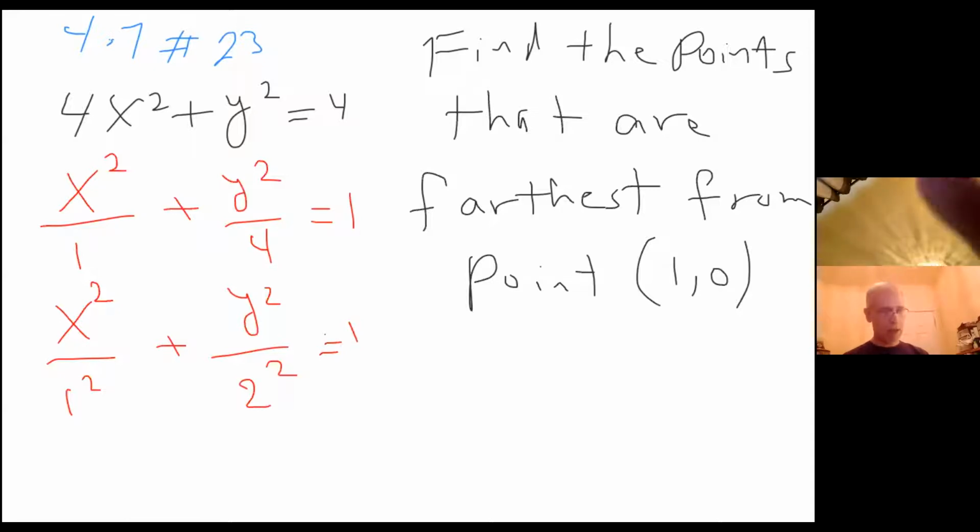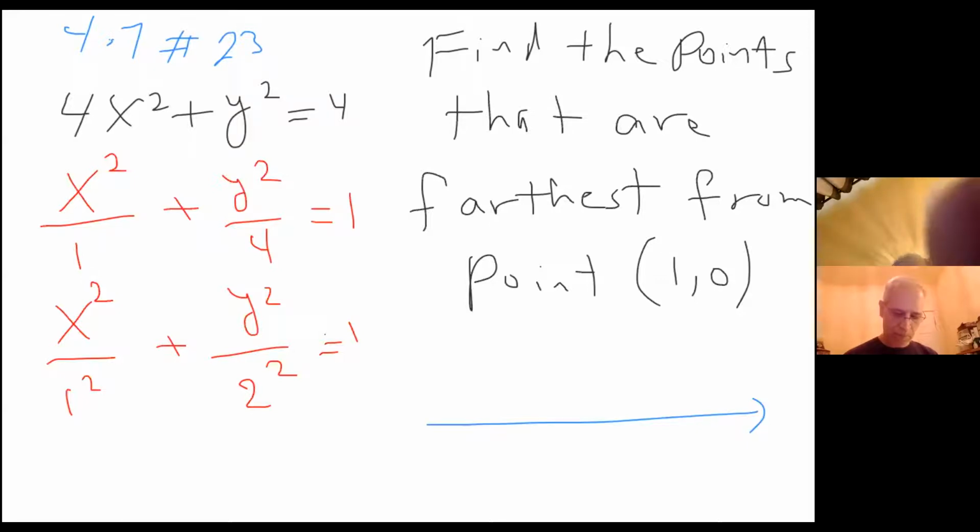Now if I want to graph this, I draw x and y axes. The center of this ellipse is (0, 0), since there are no numbers attached to x and y. X is over 1 squared, so I go 1 unit to the left and 1 unit to the right.